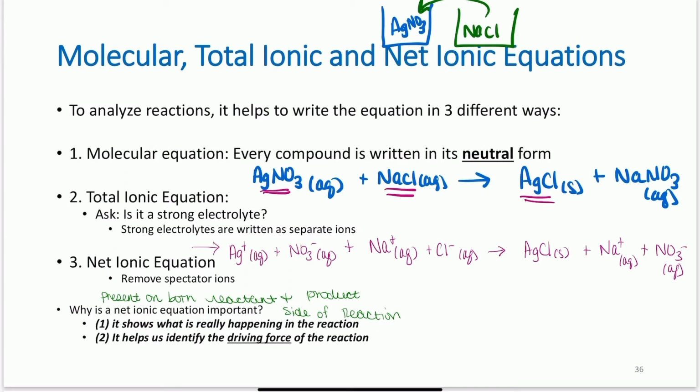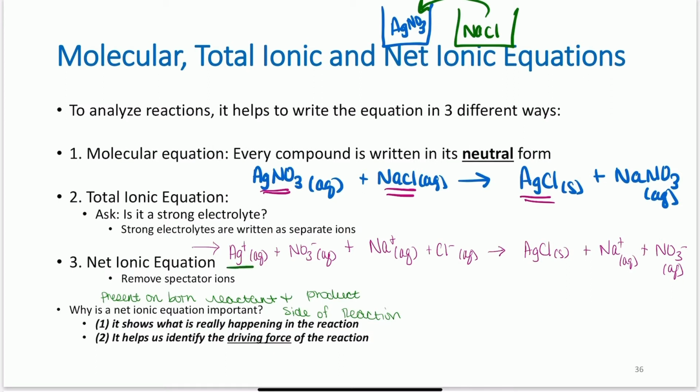If it's present on both sides, what it really means is that it's not involved in any of the chemistry. It's not doing anything. It's behaving as a spectator. It's sitting back while everything else happens. So in this case, what I do to find the net ionic equation: net ionic removes all the spectators, write everything else.